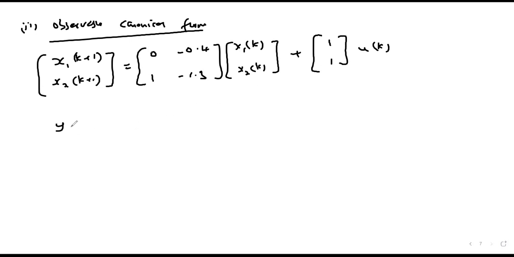And finally, our y of k as our output equation will be, we transpose matrix H to obtain 0, 1 into x1 of k, x2 of k. And that is the observable canonical form of the state space representation.